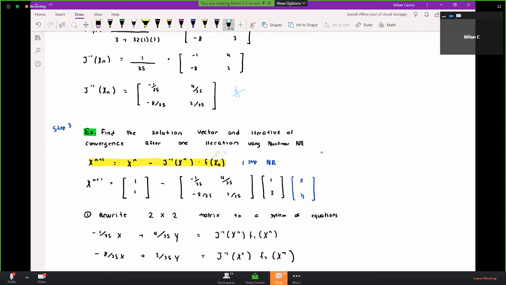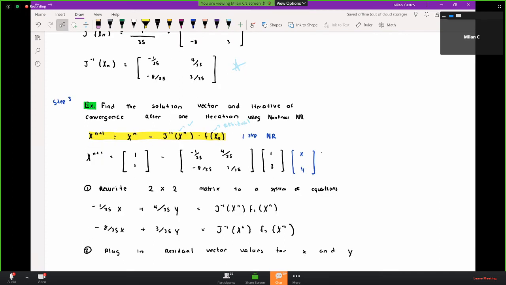This is really the residual. We already found that, and now we are just going to be plugging in our values. So we got xn plus 1 equals 1, 1 minus our inverse Jacobian matrix multiplied by our residual vector.